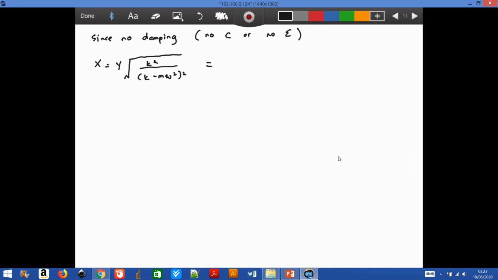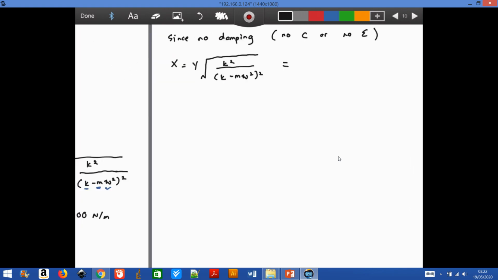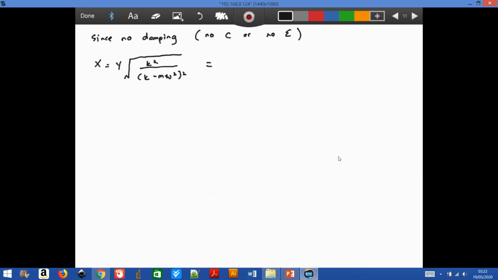So y is 0.2 mm. So 0.2. Remember to use SI units. So k is 100,000.